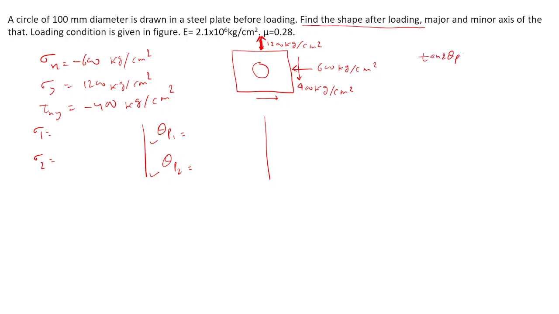Tan 2 theta p equals 2 tau xy by sigma x minus sigma y. How much is this one?